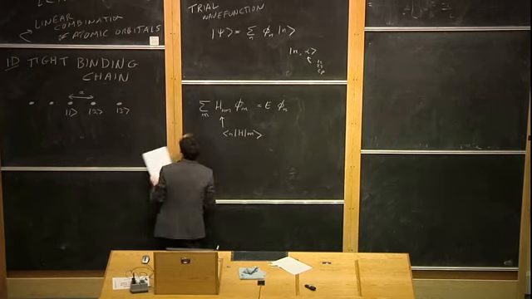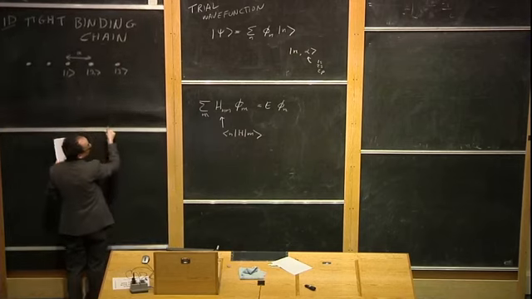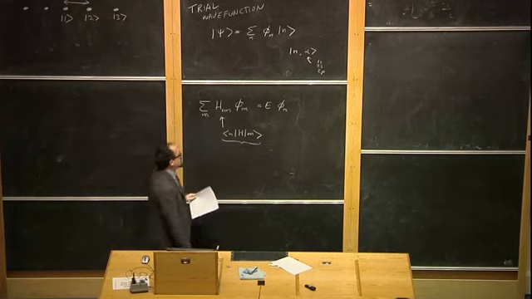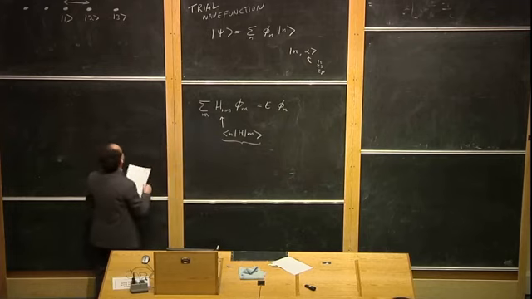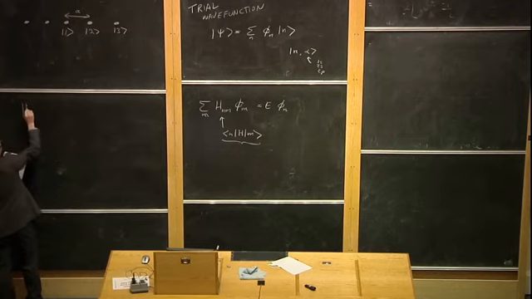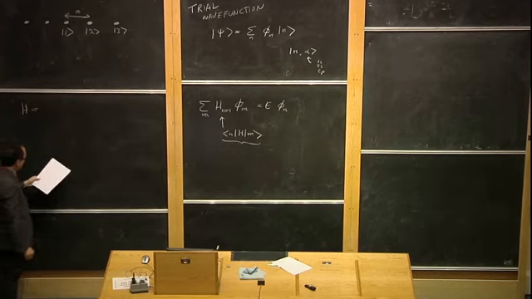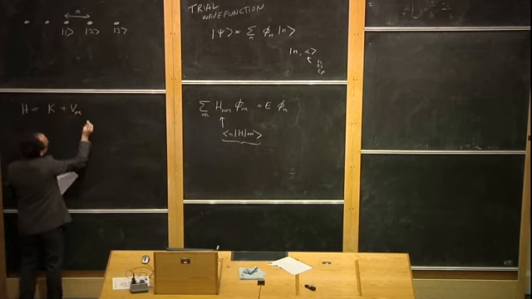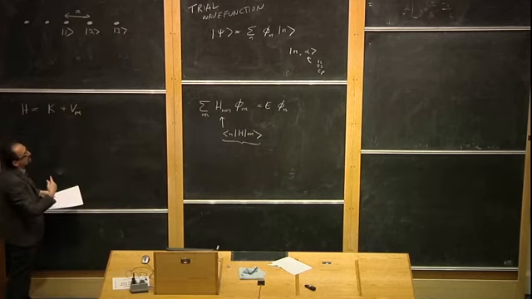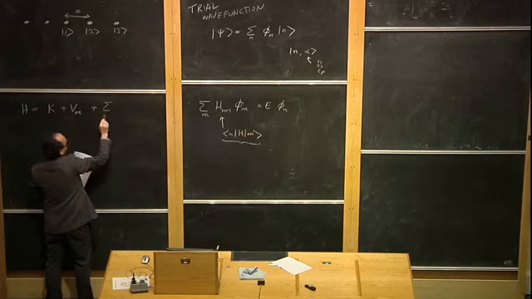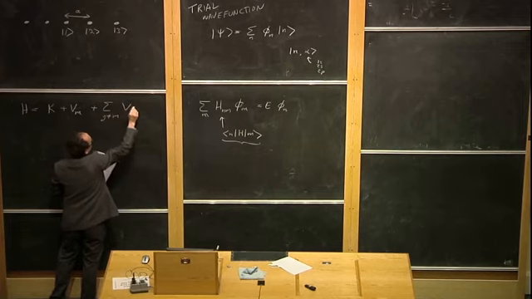Okay. So given our Schrodinger equation over here, we have to now calculate these matrix elements that go into our Schrodinger equation. So let's do that. It's useful to take our Hamiltonian and divide it up into pieces. So first, we'll remove the interaction with the mth nucleus from the interaction with all the other nuclei. So this will be the sum over j not equal to m, v sub j.